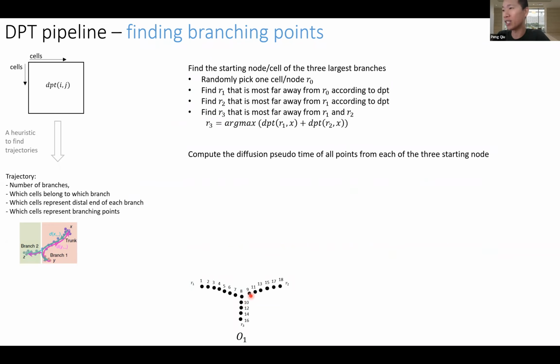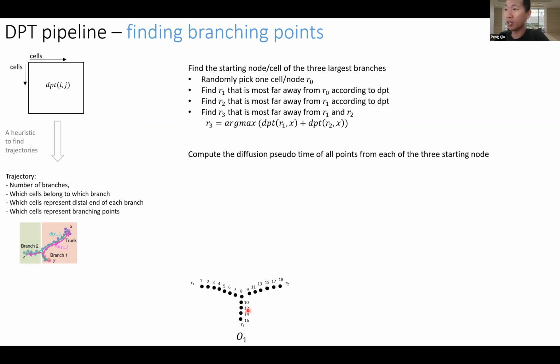Maybe one is 9, the other is 10, or maybe this is 9.2 or something like that. So the diffusion pseudo time along these two branches with respect to the starting point R1 will both gradually increase, but they share an overlapping range.